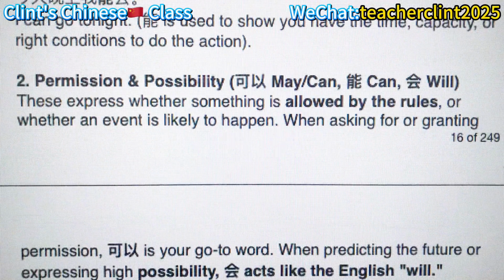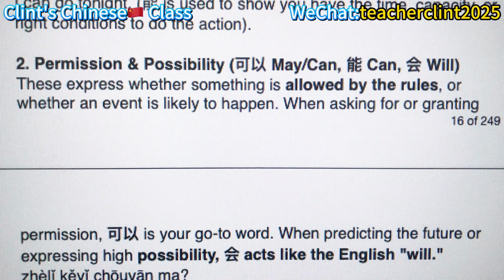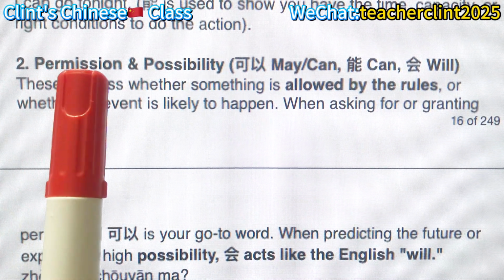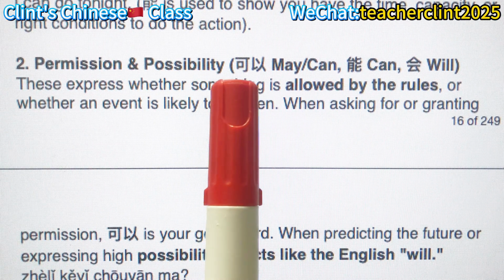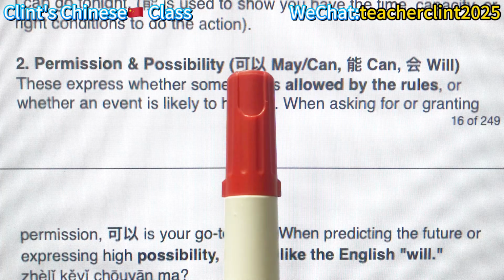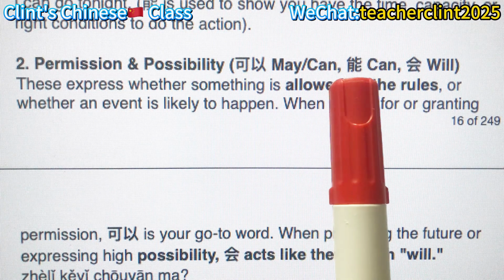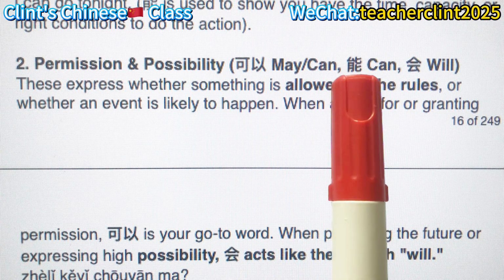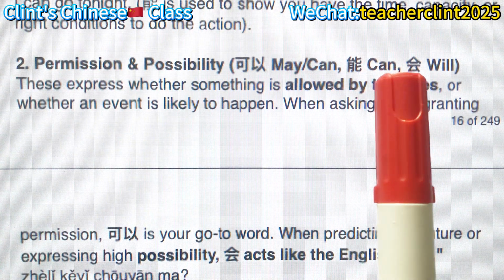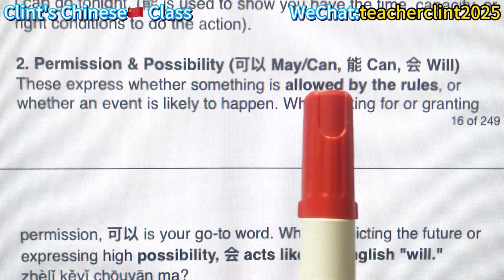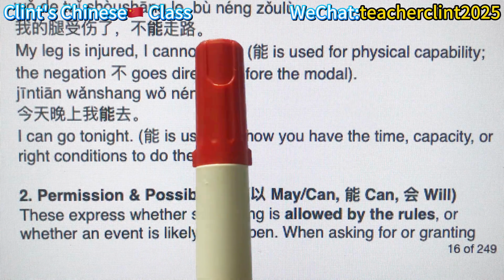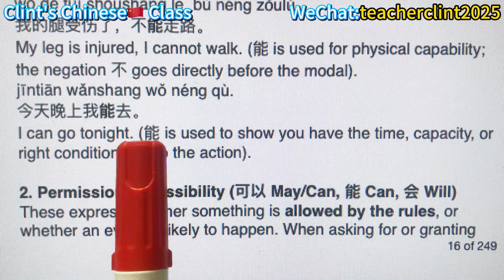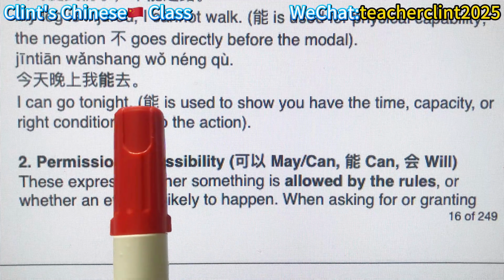Okay, now the second category: permission and possibility. You can also use the modal verbs like 可以. 可以 is for permission. And 能 can also be used for permission, right? Because just now we said it's used when you physically can do something or when the environment allows you to do something.